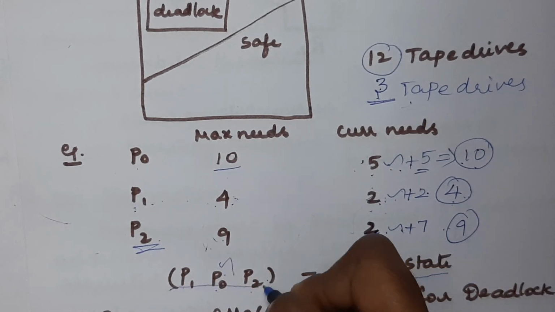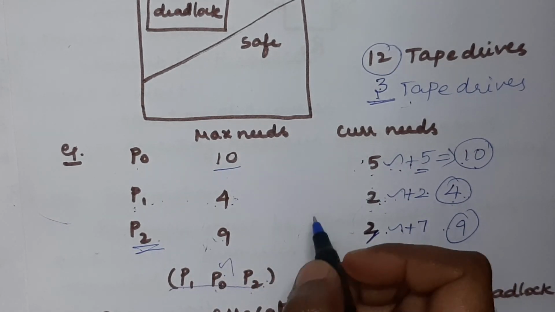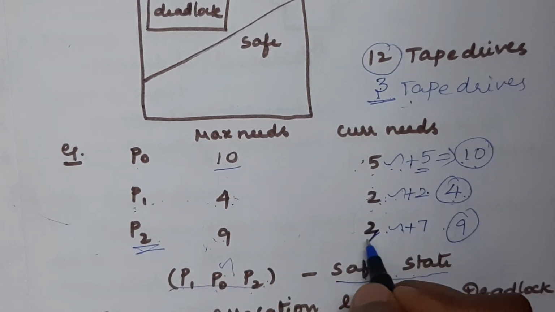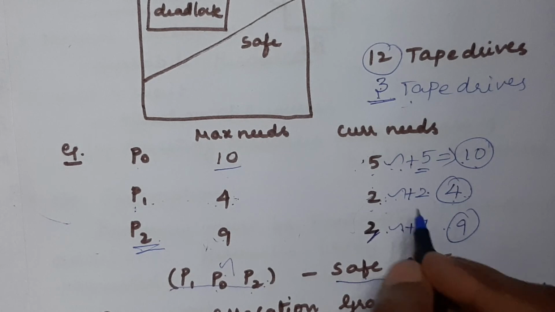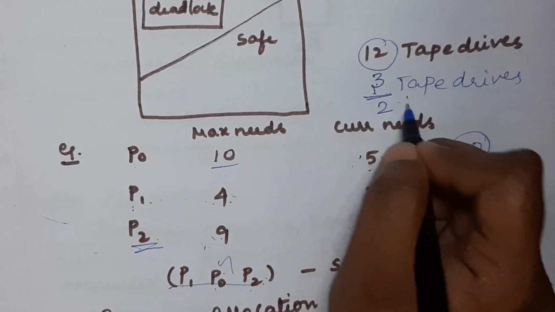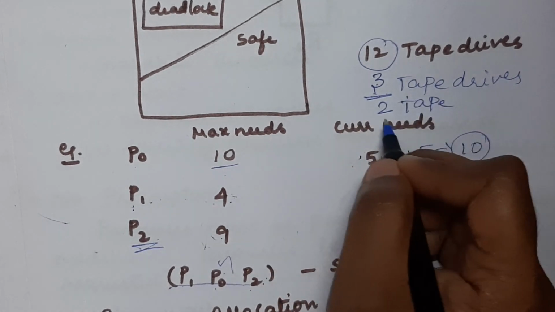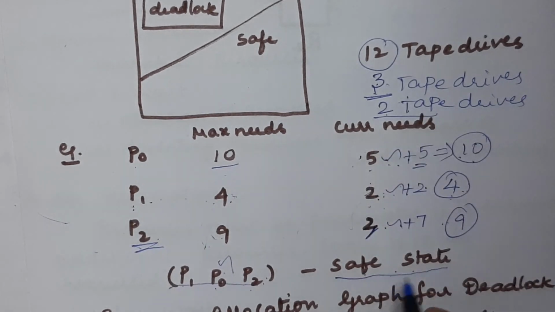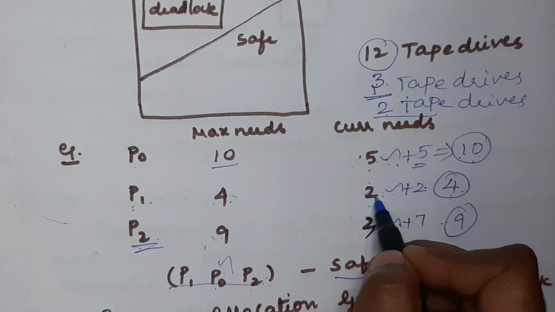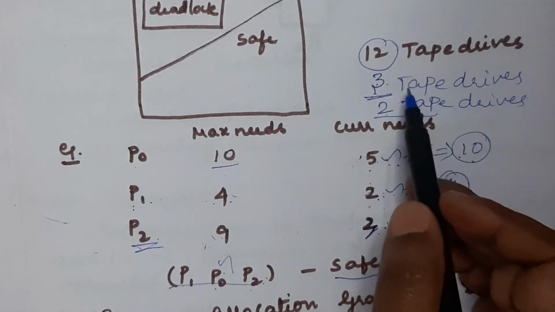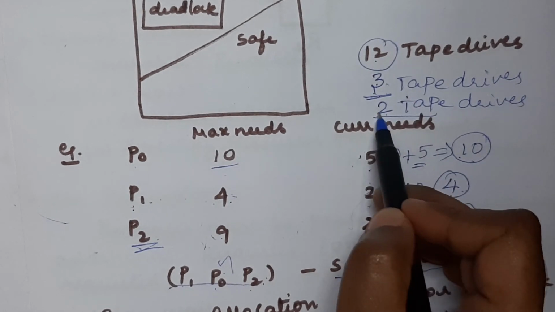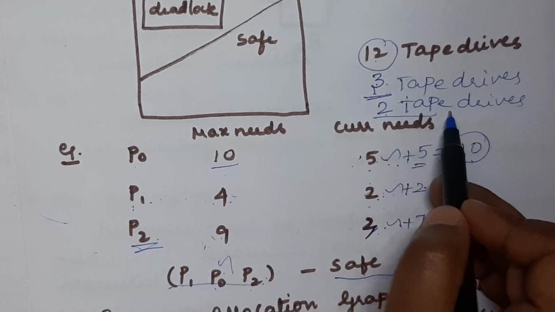Now if you follow the same order, what happens, let's check. First we are executing P1. If you allocate 3 resources to process P2, you will have only 2 tape drives available. We don't have 3, we have only 2, because we have allocated 5, 5 plus 2 is 7, 7 plus 3 is 10. So totally we have 12, so 12 minus 10, that is 2. The remaining available resources are 2.